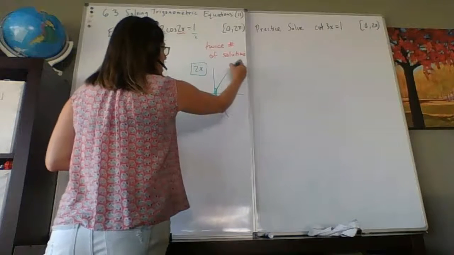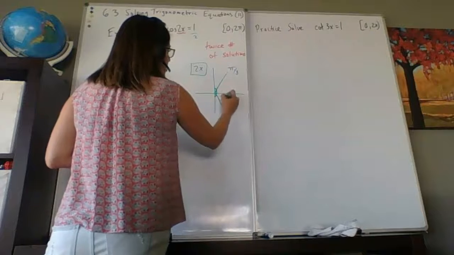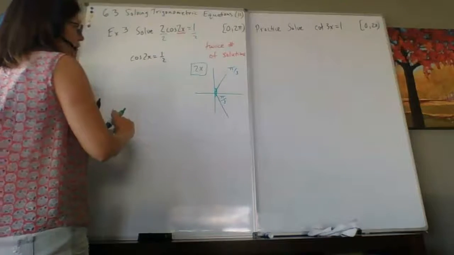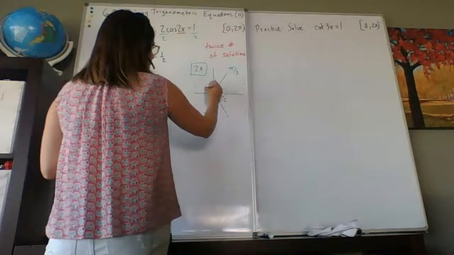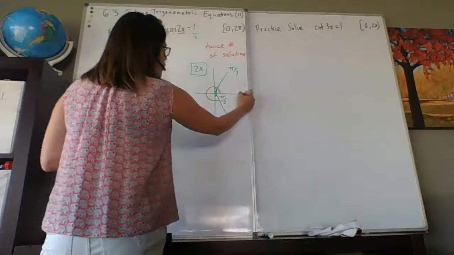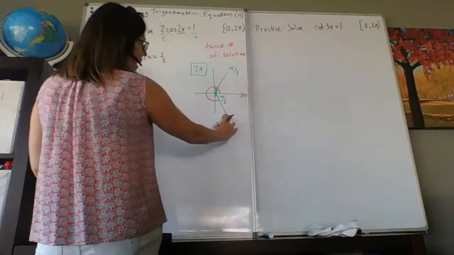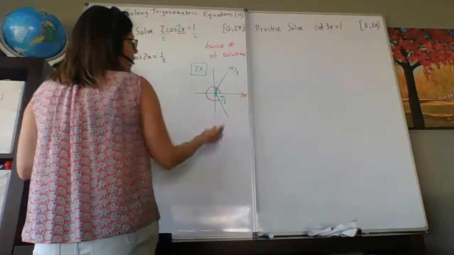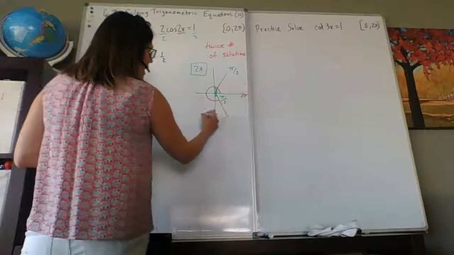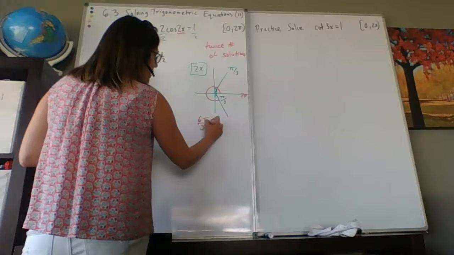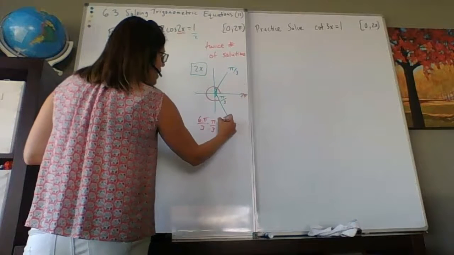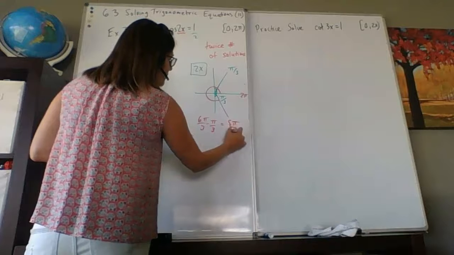So in quadrant 1, we get pi over 3, but we have to figure out what angle we get in quadrant 4. So notice that's 2 pi take away pi over 3. So we could write 2 pi as 6 pi over 3. When we take away that pi over 3, we get 5 pi over 3.